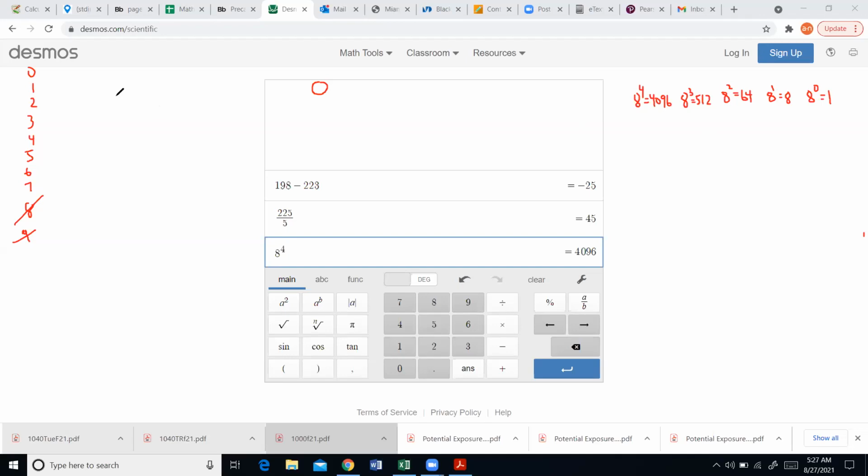So let me do it here. 10, again, in base 8, is going to stand for 1, which is multiplied by the first power of that base. And the other digit, digit 0, will be multiplied by the other power of this base.